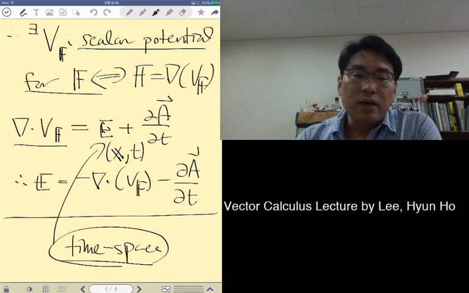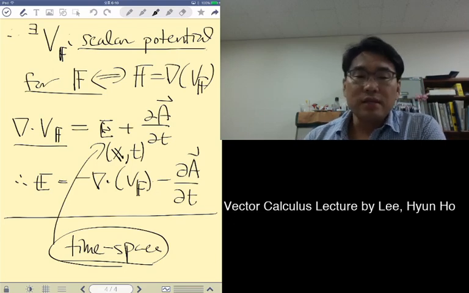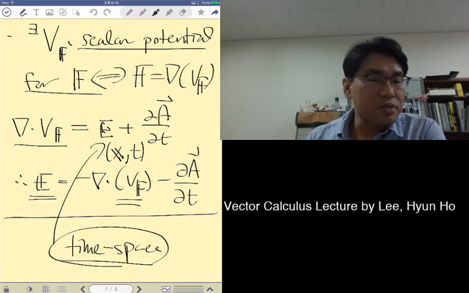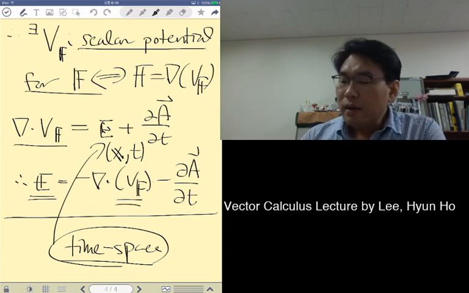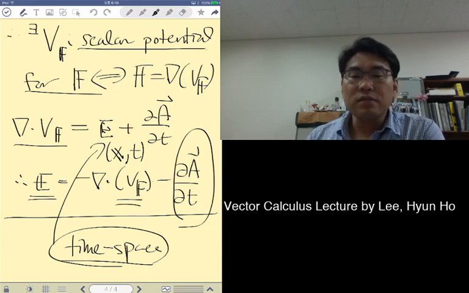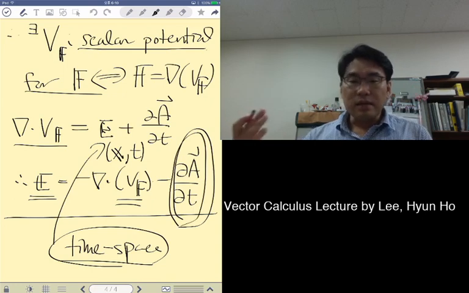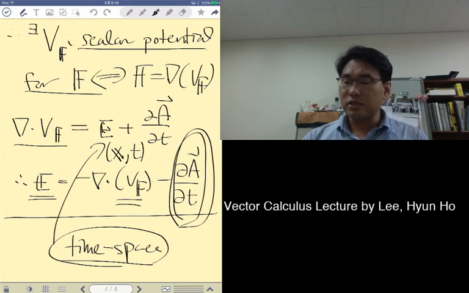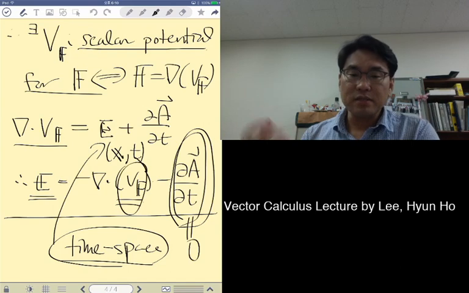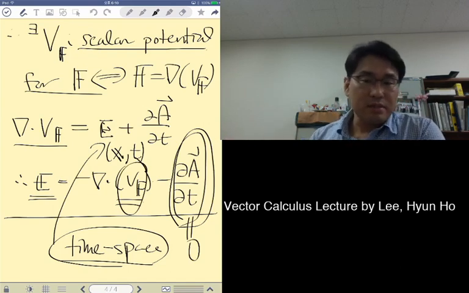So all the physics are combined, and this is very meaningful in some sense. We found that this electric field still has a scalar potential, but it considers the time effect of the magnetic field. If the vector potential is time invariant, which means its time derivative is zero, then we don't have to consider the time variable t.